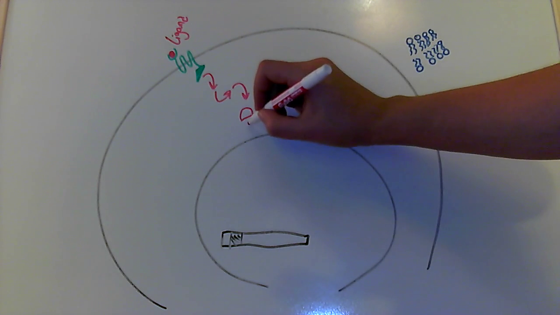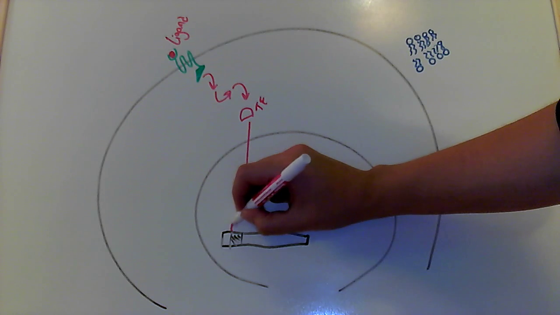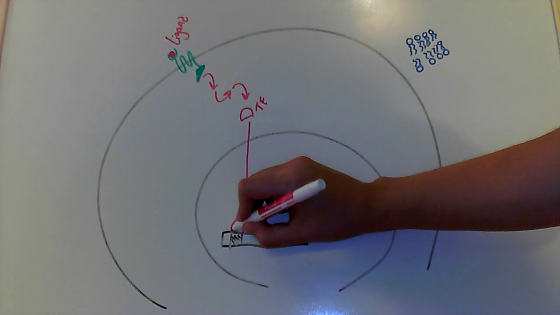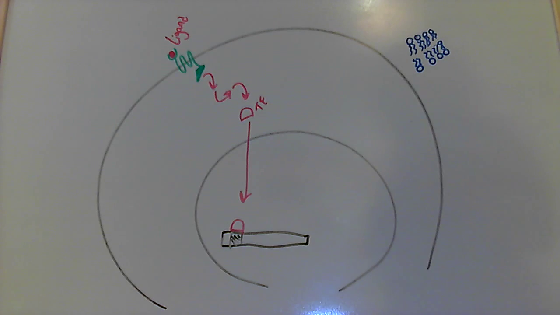Well, that factor, that protein, is transported into the nucleus, and it can bind specifically to this promoter region. Again, this binding is specific. There are specific contact locations where this transcription factor will bind, and it will bind to one promoter but not another promoter.